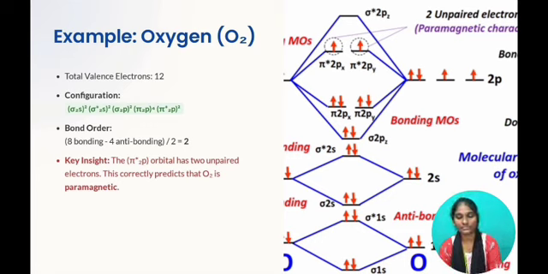It has antibonding and bonding electrons, and the middle one is the molecular orbital diagram of oxygen. The electronic configuration of O2 molecule is sigma 1s2, sigma star 1s2, sigma 2s2, sigma star 2s2, pi 2px2 equal to pi 2py2, pi star 2px1 equal to pi star 2py1.